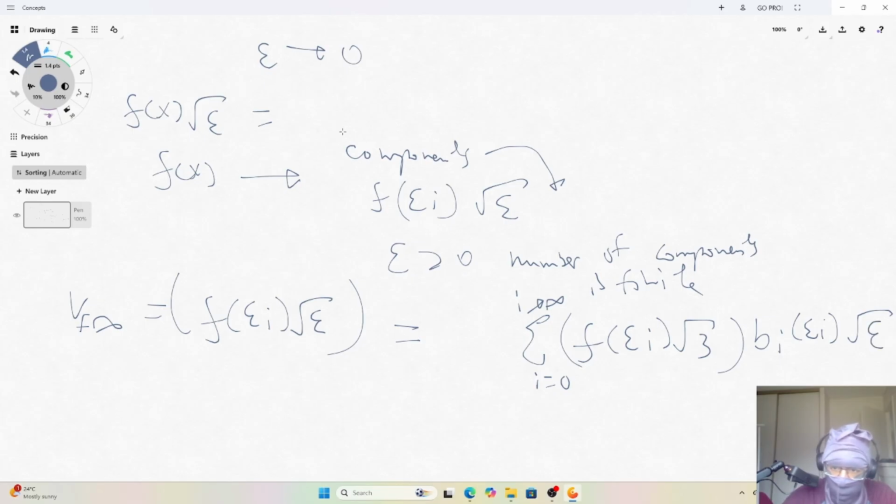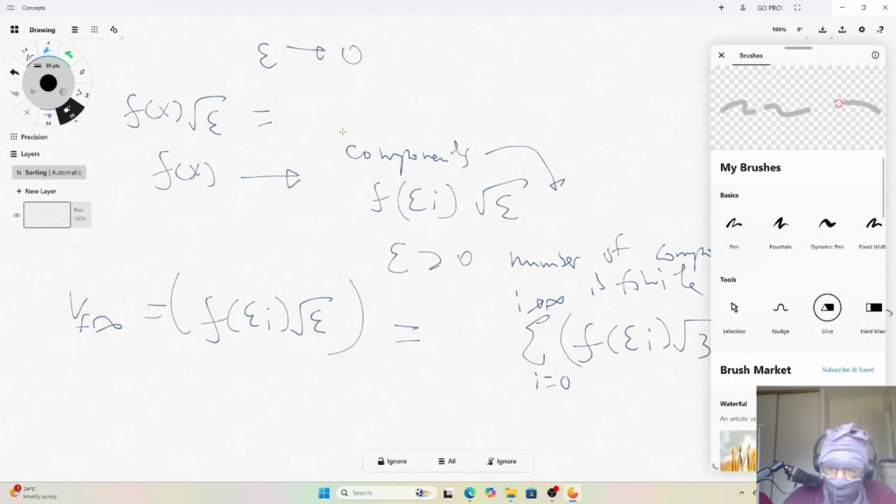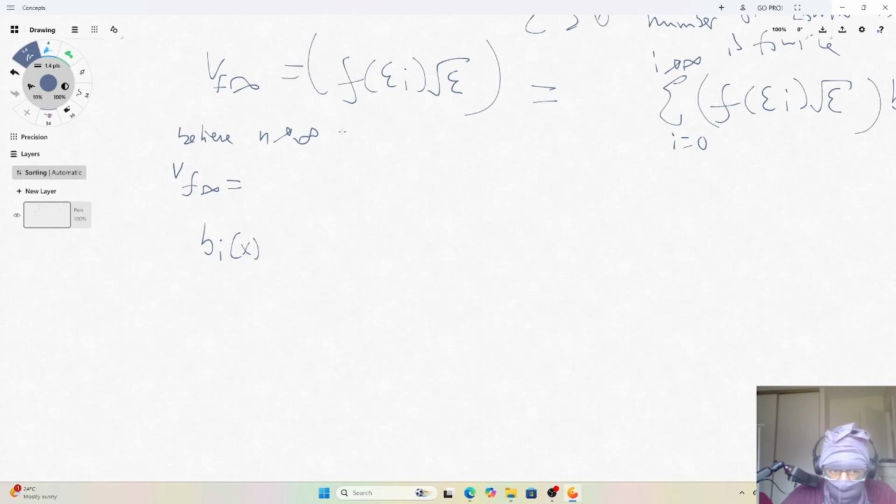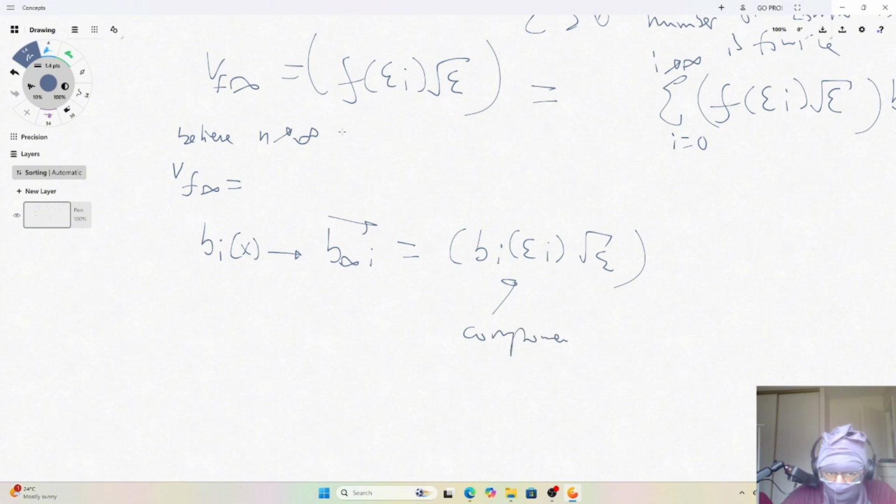Sorry, I wrote in the wrong place. These are the components such that the inner product of the basis elements, the basis vectors, is given by the Kronecker delta as I defined earlier.